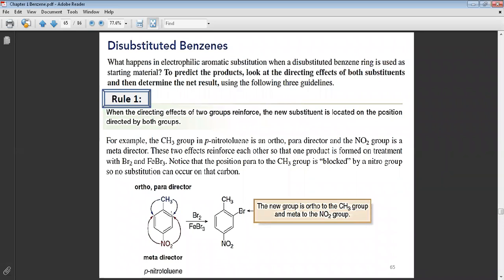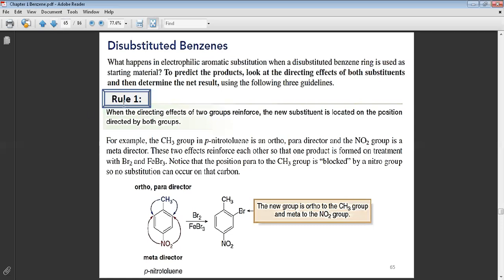Look, CH3 orientation is to the ortho and NO2 orientation is to the meta, meaning both go to the same position and reinforce each other. Okay, this is number 1.